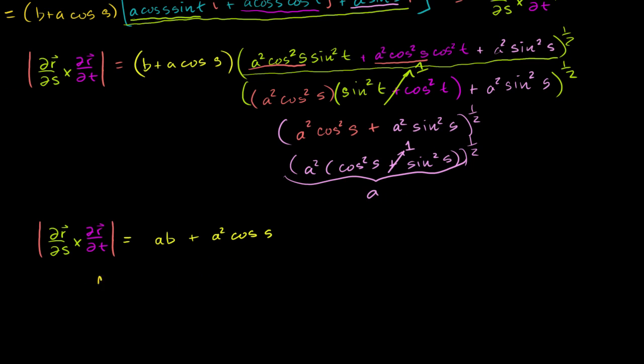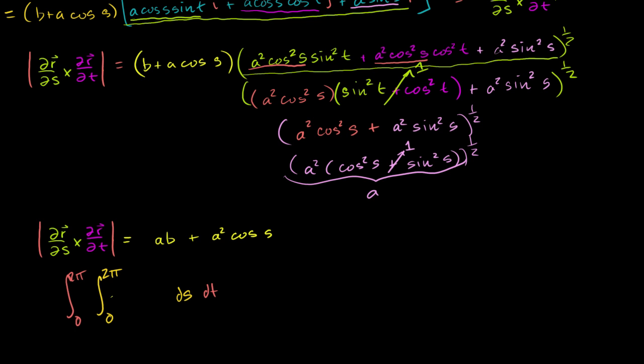We're going to vary s from 0 to 2 pi, ds, and then vary t from 0 to 2 pi, dt. And this is what we're evaluating: the magnitude of the cross product of these two partial derivatives of our original parameterization. So this is what we can put in there.